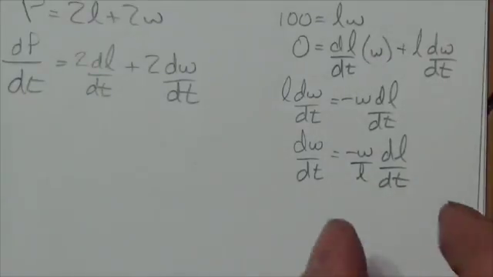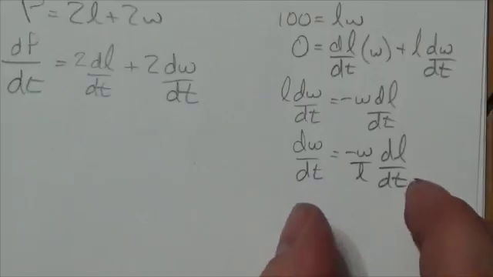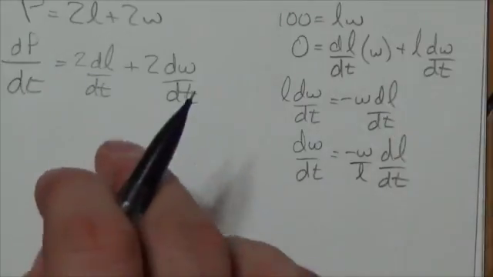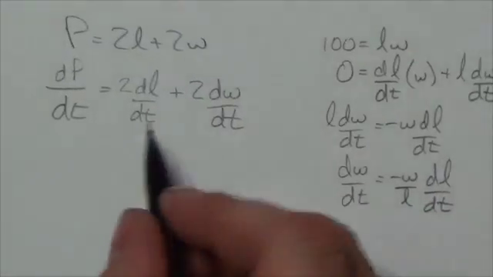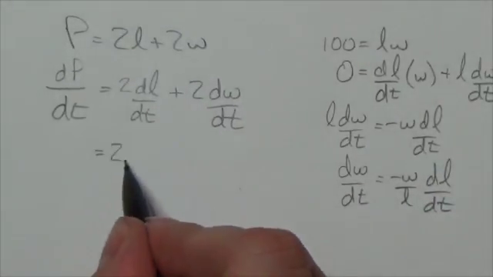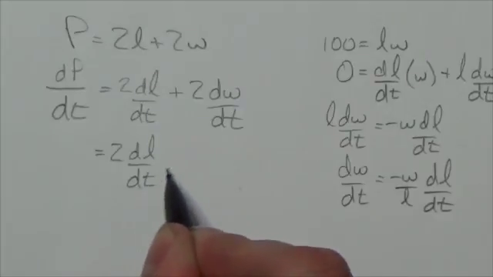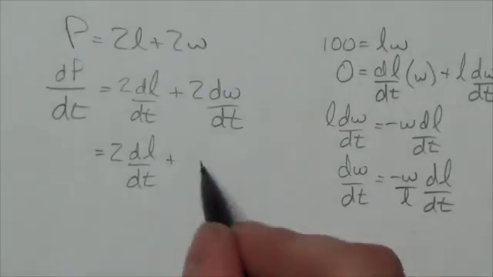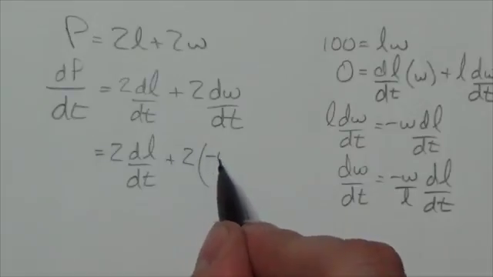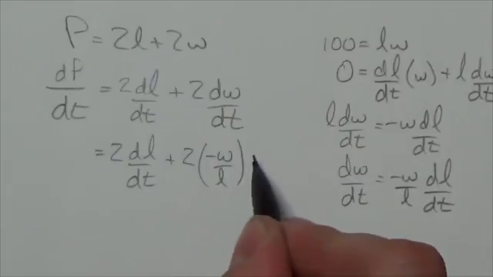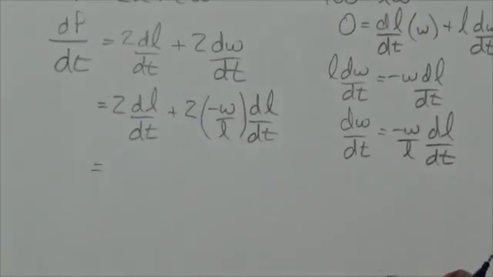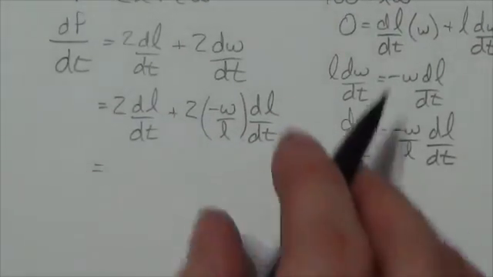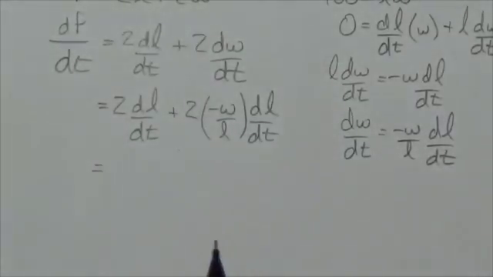Okay. So now I have an expression for dW/dt that I can plug into the derivative of my perimeter. So that's what I'm going to do. First of all, I'm going to leave this right here. I'm not going to substitute the value yet. This is going to be 2 times negative W over the length times dL/dt. Okay, now I'm ready to plug everything in. And when I evaluate that, I am going to get the change in the perimeter with respect to time.